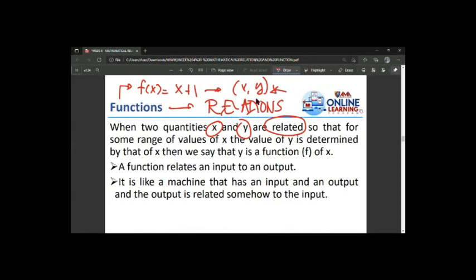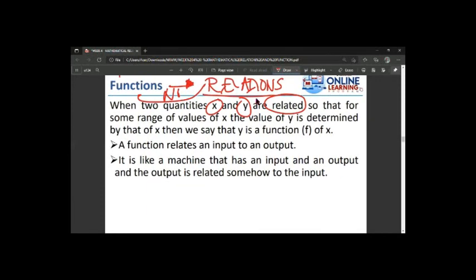But sir, ito yung question. What if, sir, sabihin natin, are all relations functions? No. It doesn't work the other way around. Kasi may characteristic ang function that separates it from all relations. So yung function, guys, is a relation but not all relations are functions.